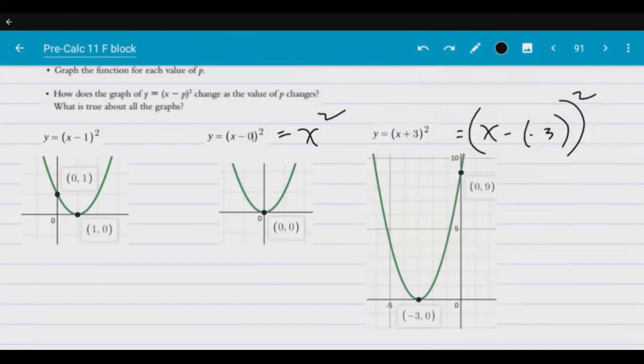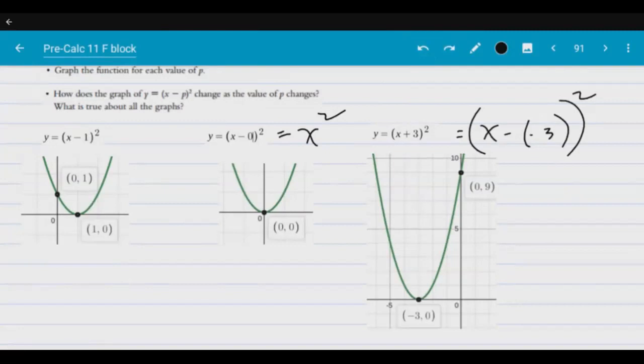All right. So in summary, when compared to the original, which is y equals x squared, when something is subtracted from x inside the square, so it's inside the bracket, and something is subtracted, if it's positive, if you subtract a positive number, the graph moves to the right.